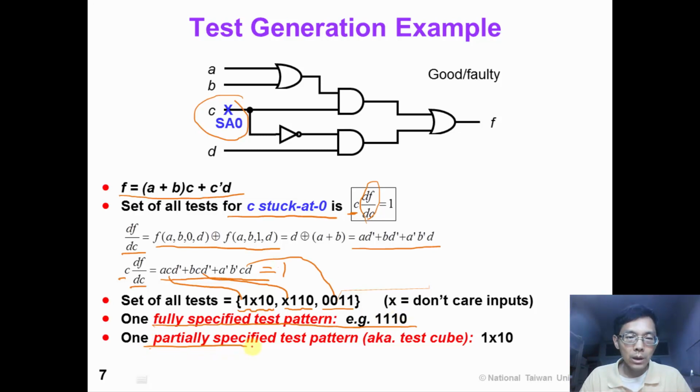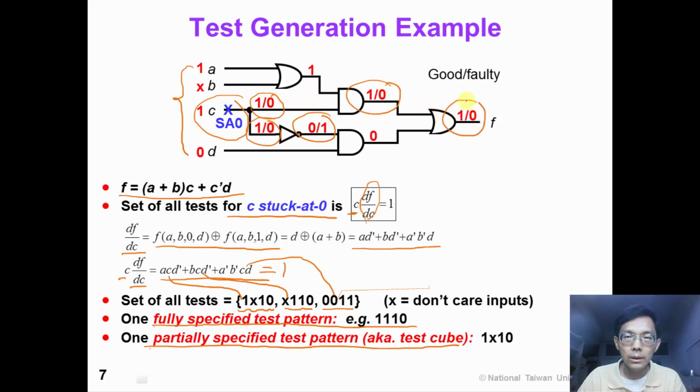If we want a partially specified test cube, we can use 1x10. Let's verify our results. Suppose we apply the test cube 1x10. Then we will get 1/0 here and 0/1 here, and we can propagate it all the way to the output, so we can detect the fault.